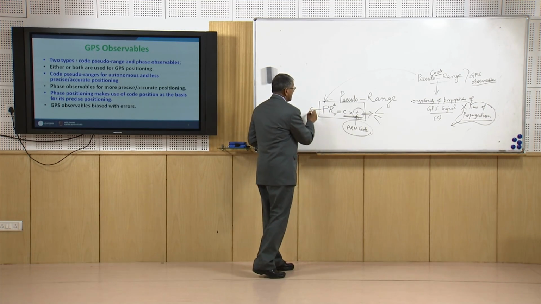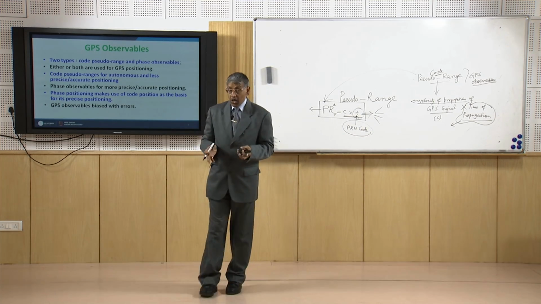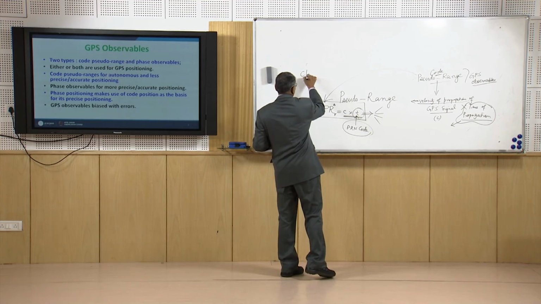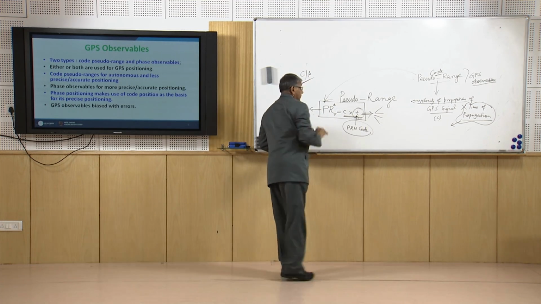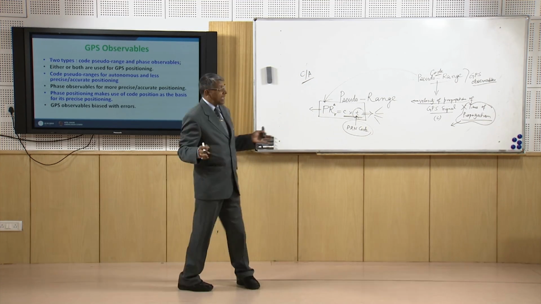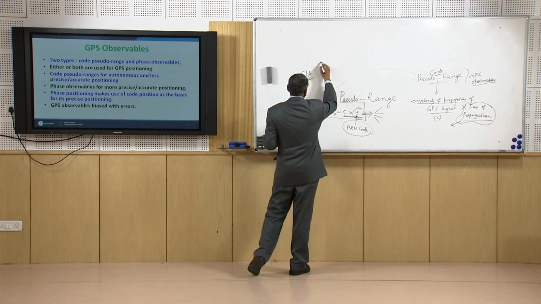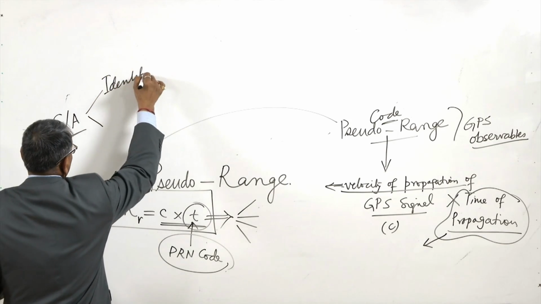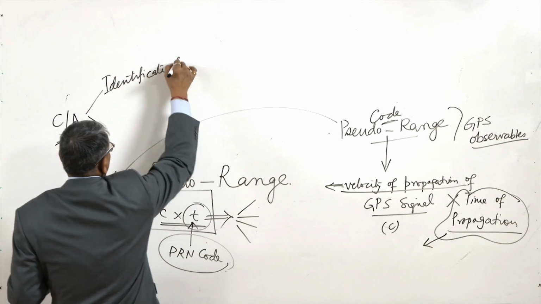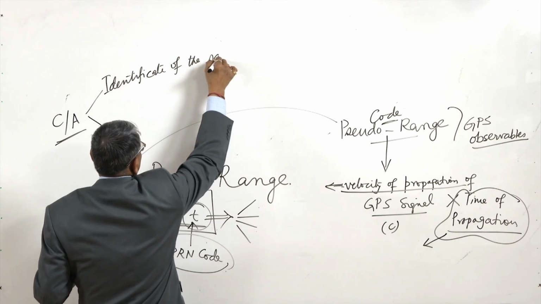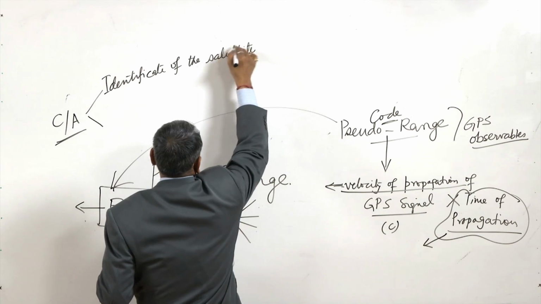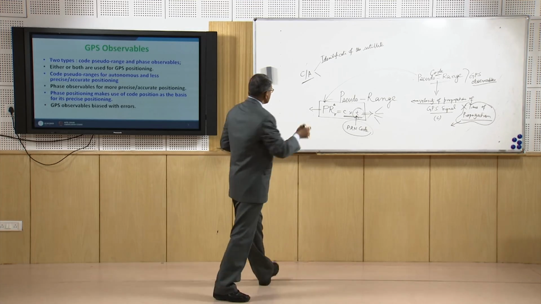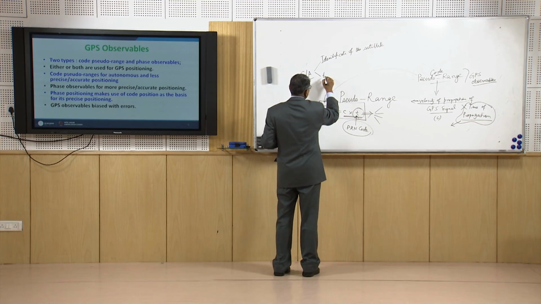As I told you, all GPS receivers should have the capability to decipher the CA code. The CA code gives the identification of the satellite from which the signal is coming to the receiver, and it also provides the time t.